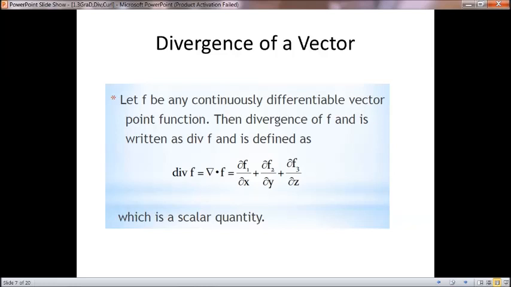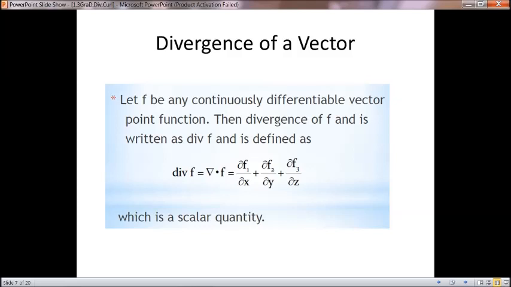It is taken as dou f1 by dou x plus dou f2 by dou y, because dou by dou x into i vector, dotted with the i component in the f vector, gives i dot i equal to 1. So dou f1 by dou x plus, since no vector component will be there in a dot product, dou f2 by dou y plus dou f3 by dou z will come, which is a scalar quantity.